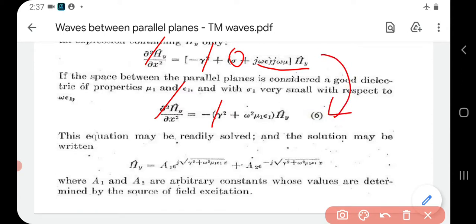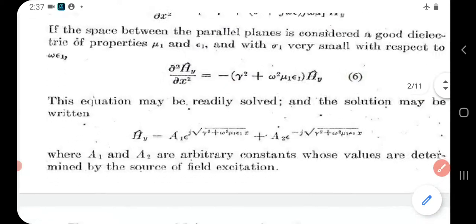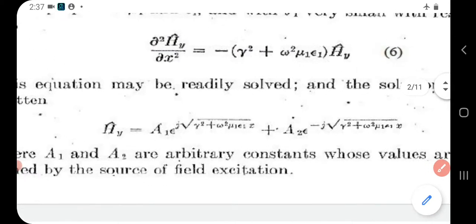Now the solution of equation 6 will be of this form, that is Hy is equal to a1 e raised to j root of (gamma square plus omega square mu1 epsilon1) x, plus a2 e raised to minus j root of (gamma square plus omega square mu1 epsilon1) x.